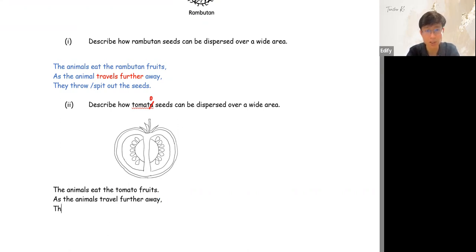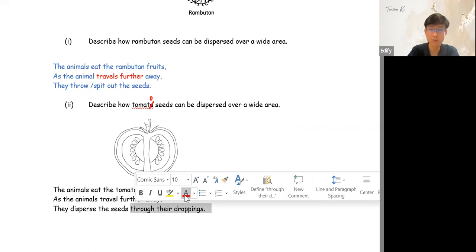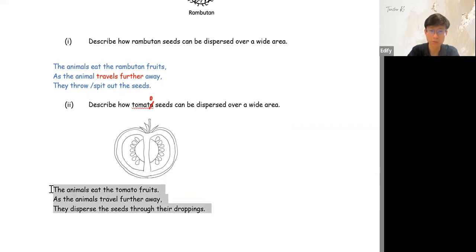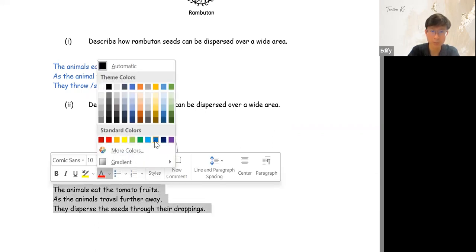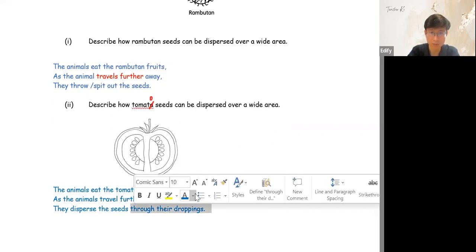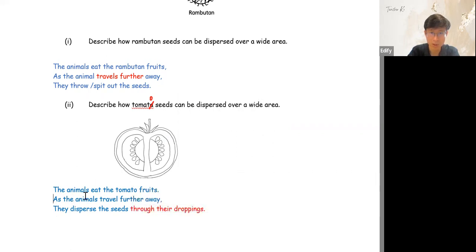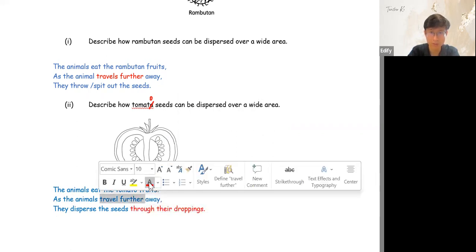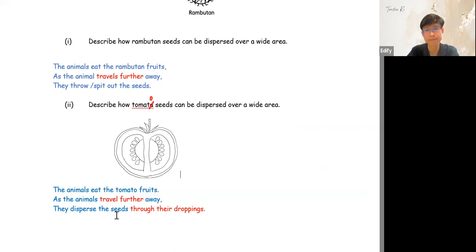Then the last one is they disperse the seeds through their droppings. So this one is through the droppings instead of throwing away. All right, so that's the only difference. Okay, travel further away.